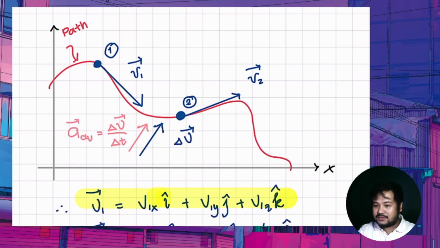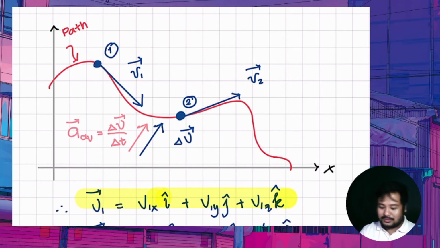This will always follow, or the tail will always be connected to the particle itself. And then, our velocity vectors, they are always tangential to our path. Okay, so as you can see, my v1 and v2 are always tangential to our path.